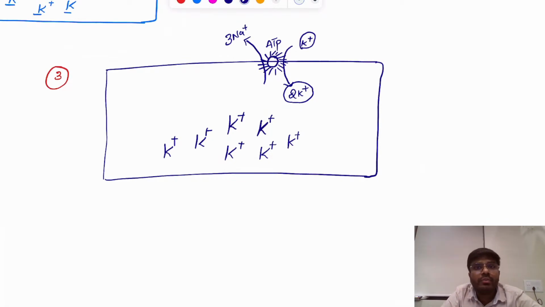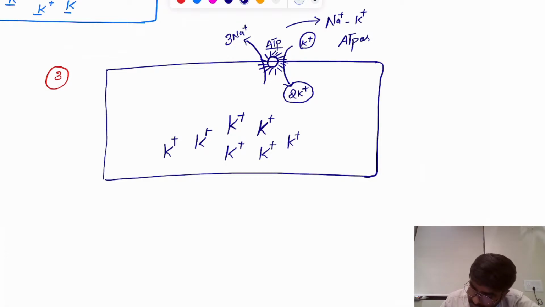So you need to use energy, and that's why ATP is involved. The name of this transporter is sodium potassium ATPase.